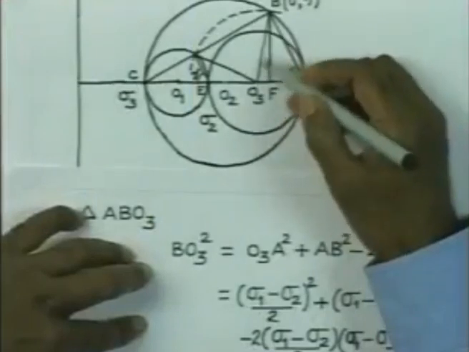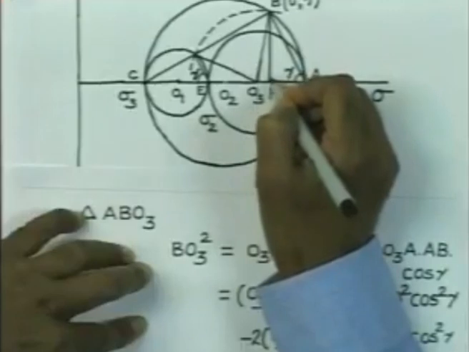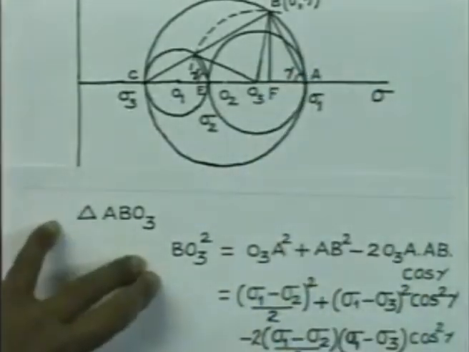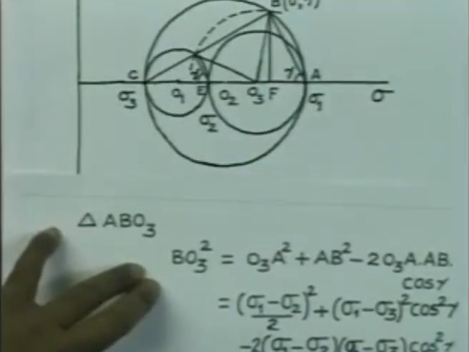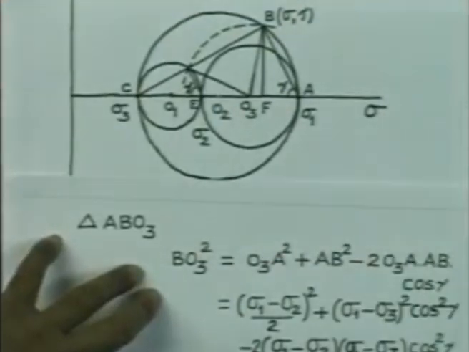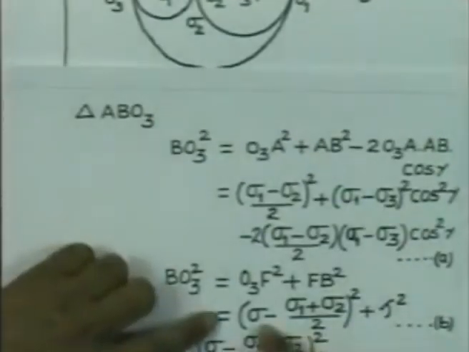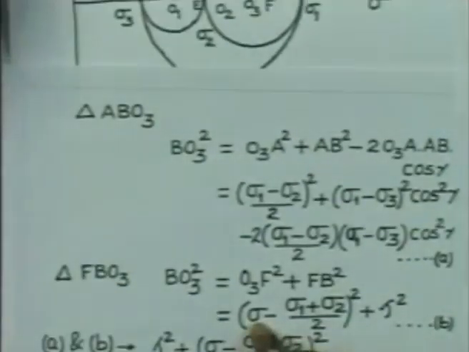Now let us consider the triangle FBO3. So this is a right angle triangle. So we can write BO3 square is equal to O3F square plus FB square.